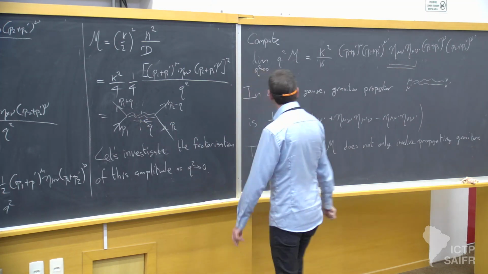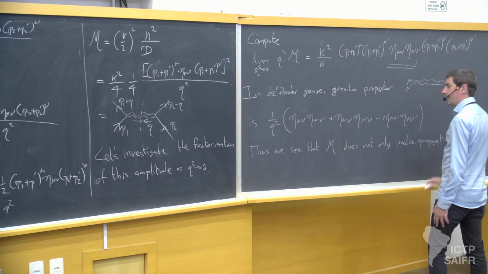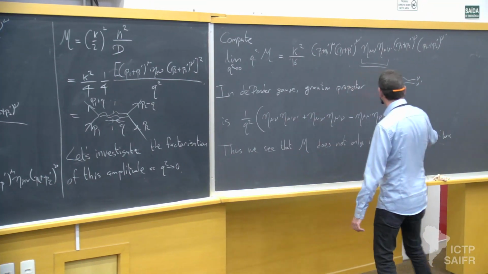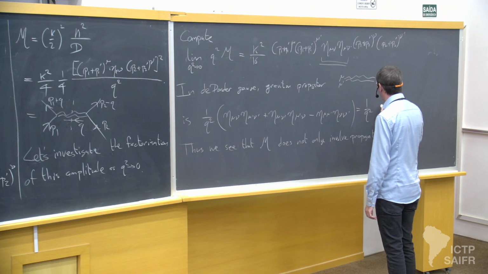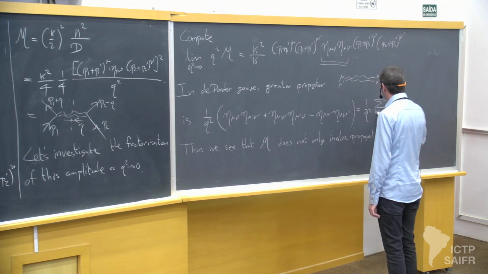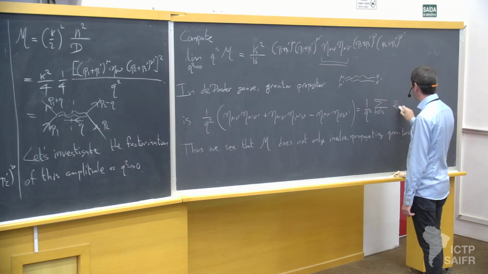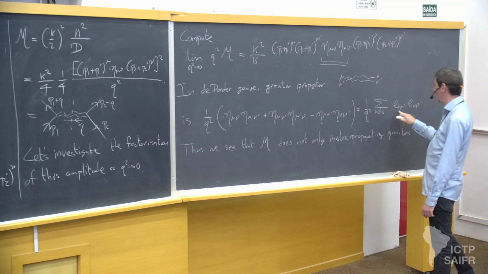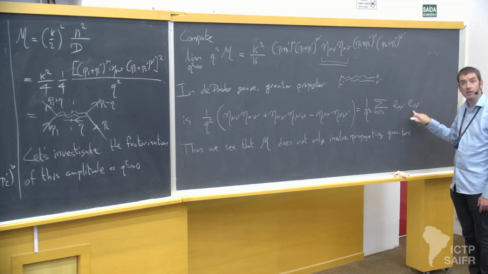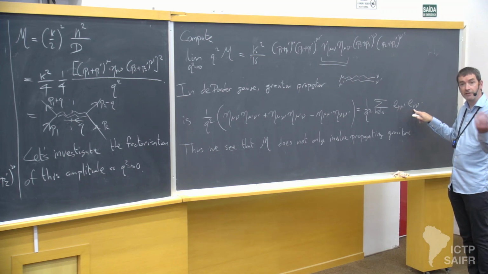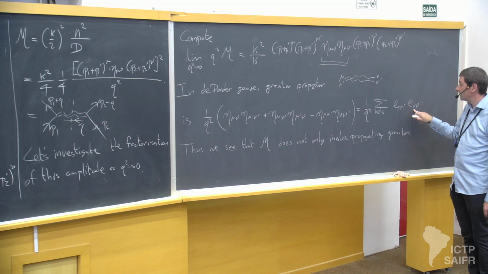Maybe it's worth saying that, well, let's write it like this. This is 1 over Q squared, the sum over the physical helicities, E mu prime, E nu prime. So these are the polarization tensors now of on-shell gravitons in the intermediate state.